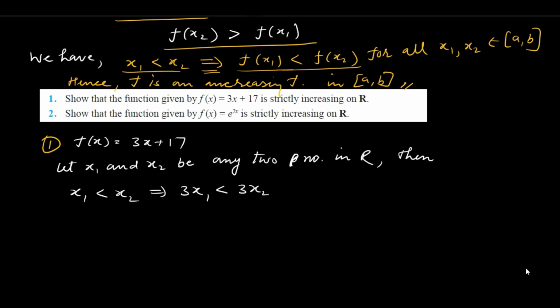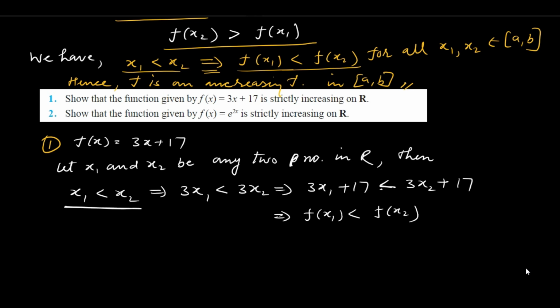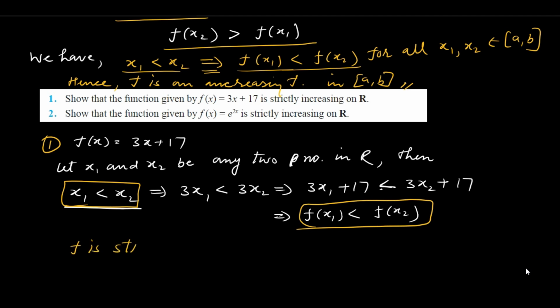No problem. If you add 17 on both sides, the sign will be the same. Here you can see f(x1) is less than f(x2). So x1 is less than x2, and we find f(x1) is less than f(x2). So we can say f is strictly increasing.